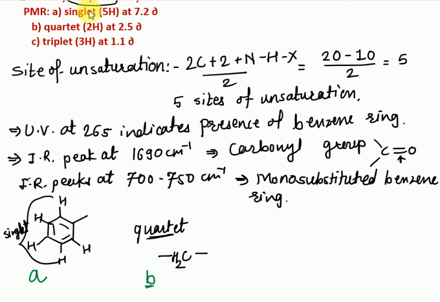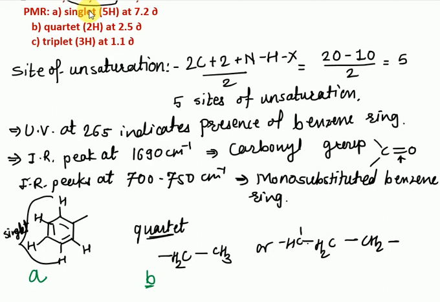So the hydrogens attached to the carbon, that carbon must be attached to neighboring carbons that carry hydrogens. So there may be the possibility of the presence of either CH3 or CH2 attached to CH2 and next CH likewise.